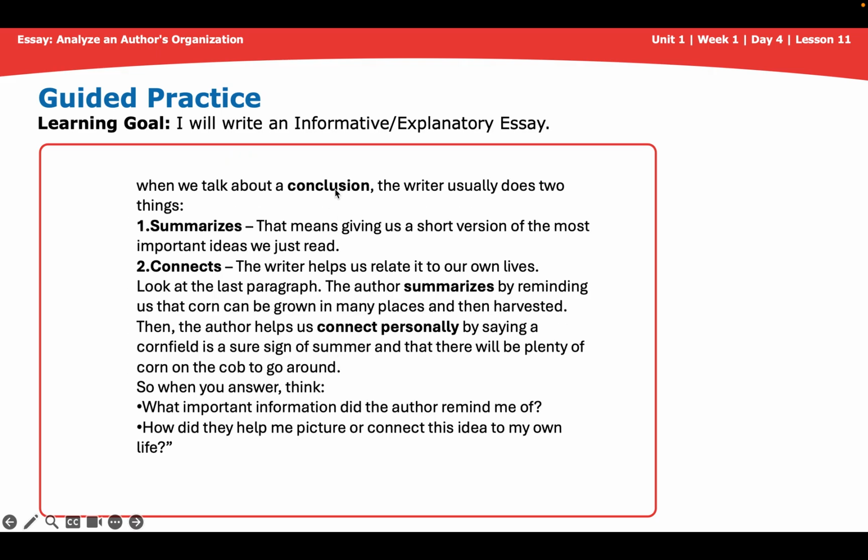Another thing a good conclusion has is connections. The writer helps us relate it to our own lives. If you look at the last paragraph, the author summarizes by reminding us that corn can be grown in many places and then harvested. Then the author helps us connect personally by saying a cornfield is a sure sign of summer and that there will be plenty of corn on the cob to go around.